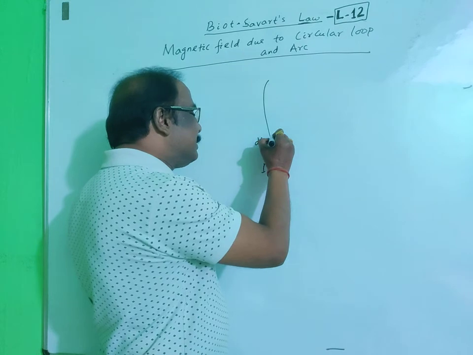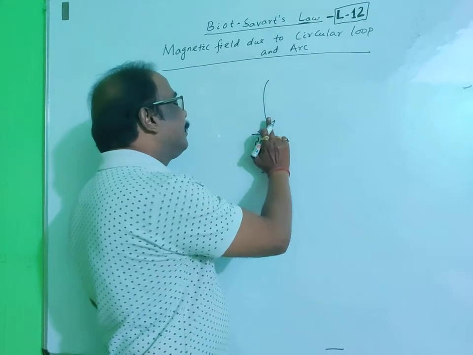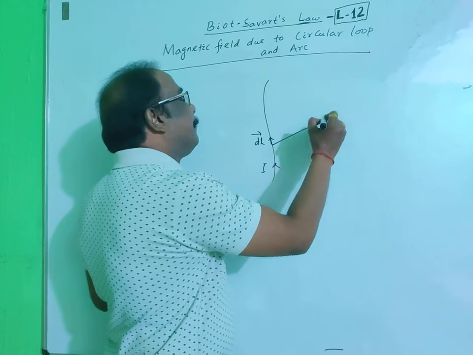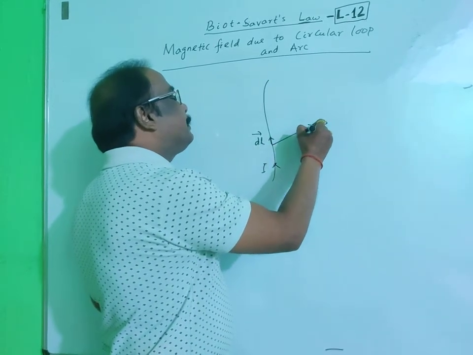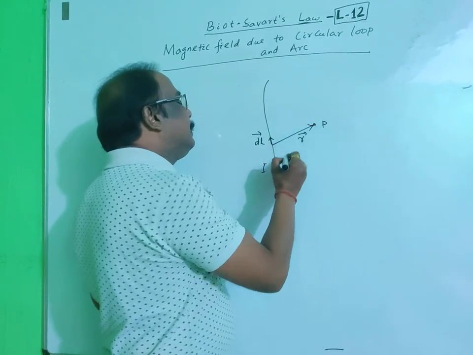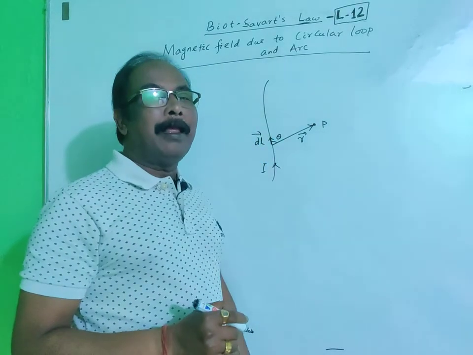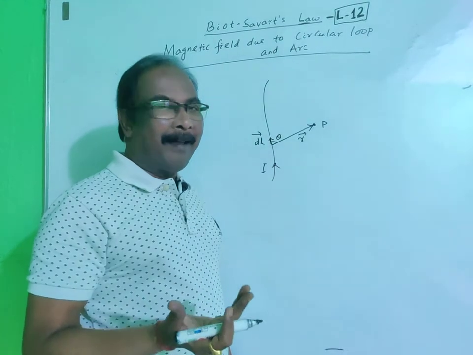This is any point P, the position vector for point P is r, and theta is the angle between dl and r.